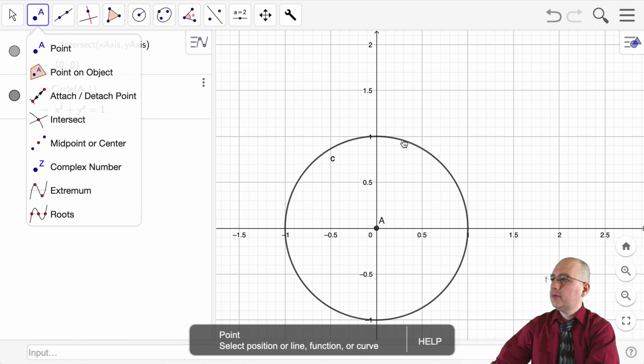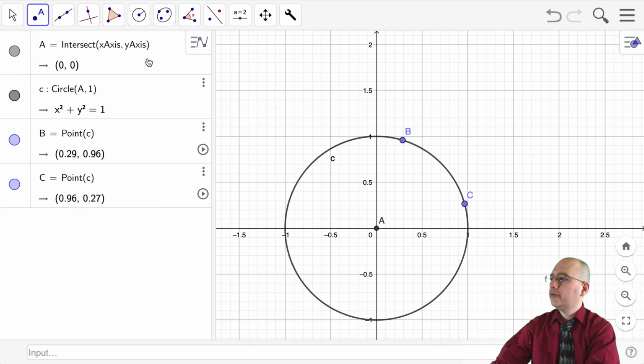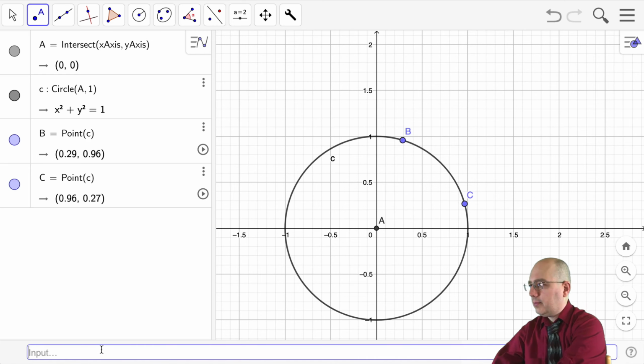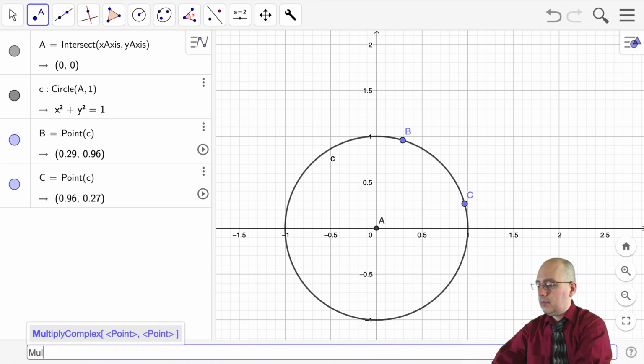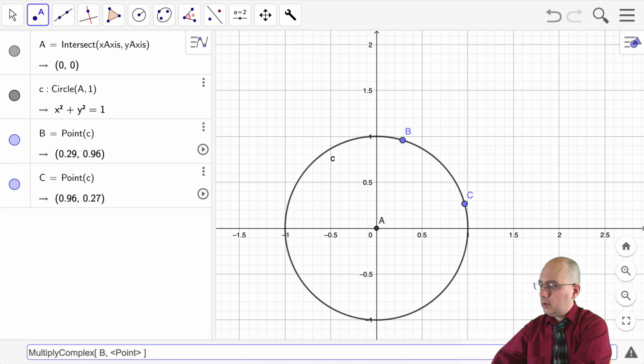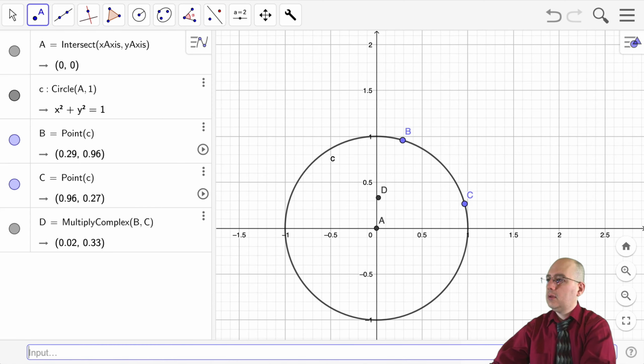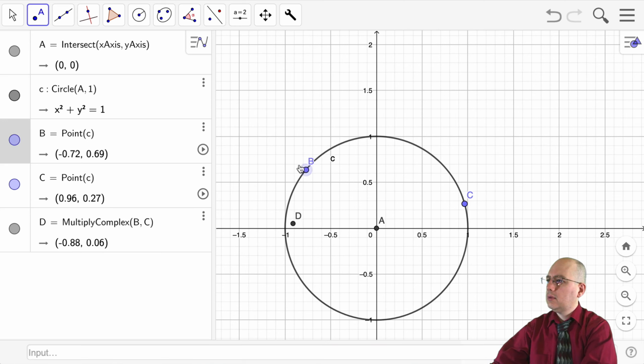Put on 2 points on the unit circle, and then we multiply them. Like so. B, C, that's not right. That's weird. Why is it doing that? Huh?